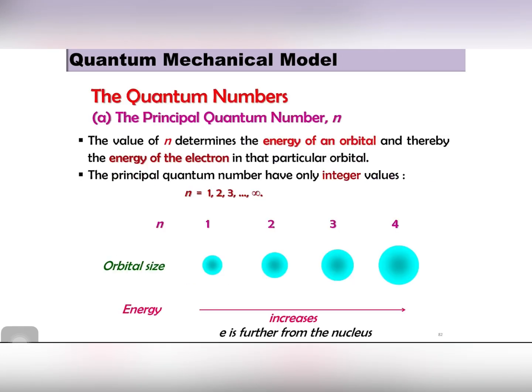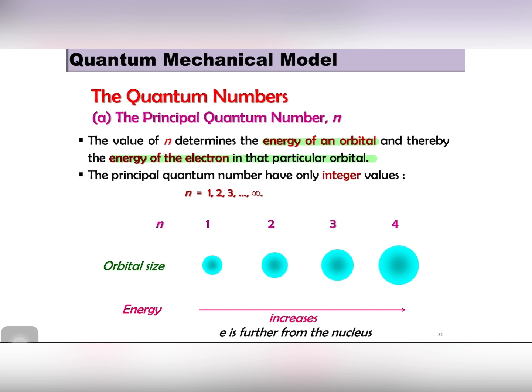Let's have a look at the first one, which is the principal quantum number, which we write symbol N. So the value of N here will determine the energy of an orbital, which means it is the energy of the electron in that particular orbital.